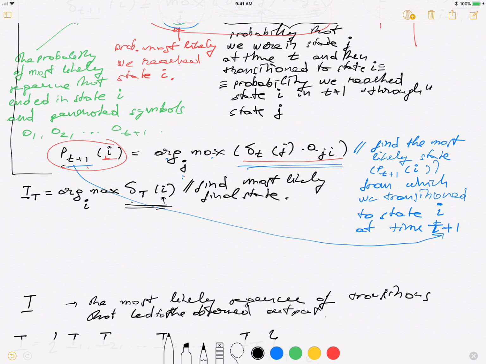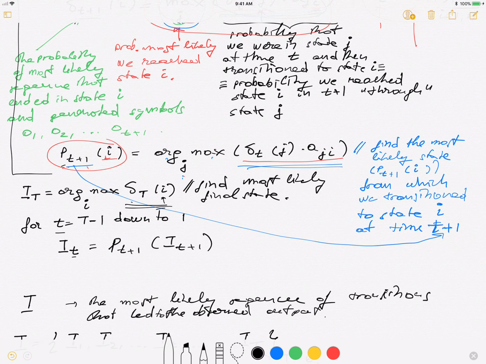And after I found that, I need to basically roll back and find the most likely states for t going from T minus 1 down to 1. Observe now, I small t corresponds to p t plus 1 of I t plus 1.